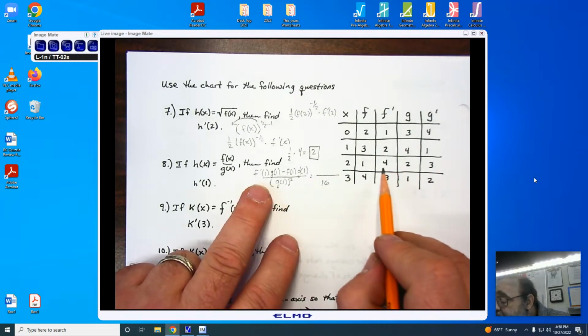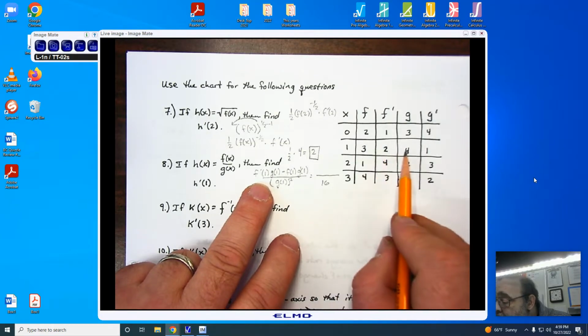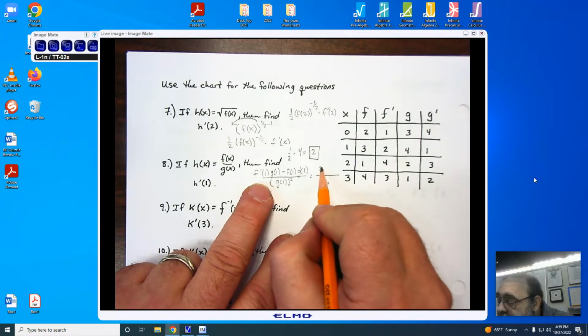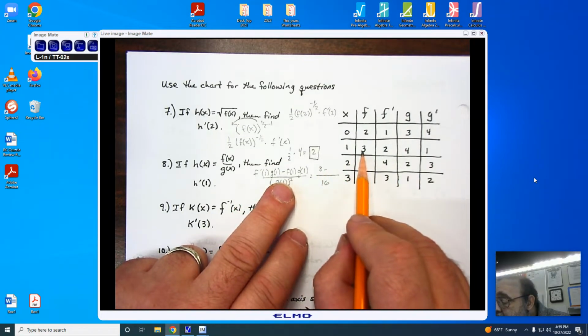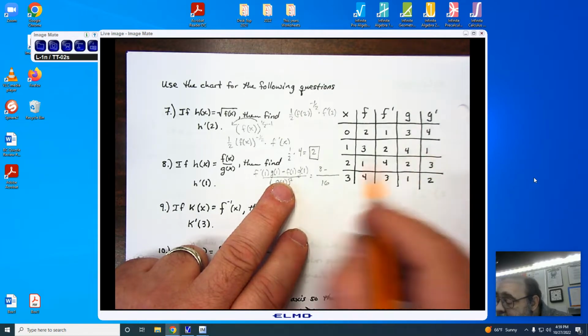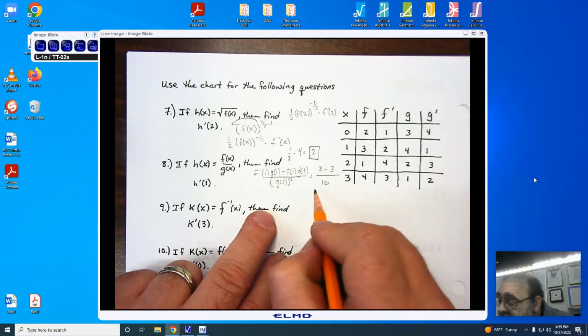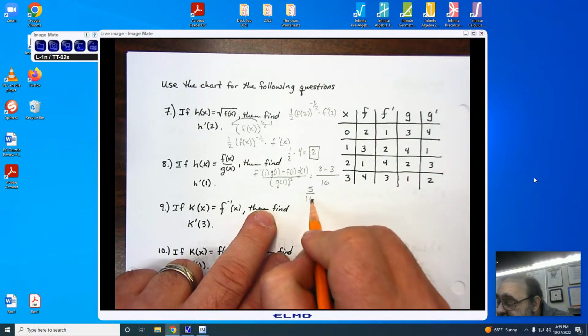Then I'm going to have f prime of 1 is 2, times the g is 4. That's 8, minus f of 1 is 3, and 3 times the g prime, which is 1, is 3. My answer turns out to be 8 minus 3 is 5, 16ths.